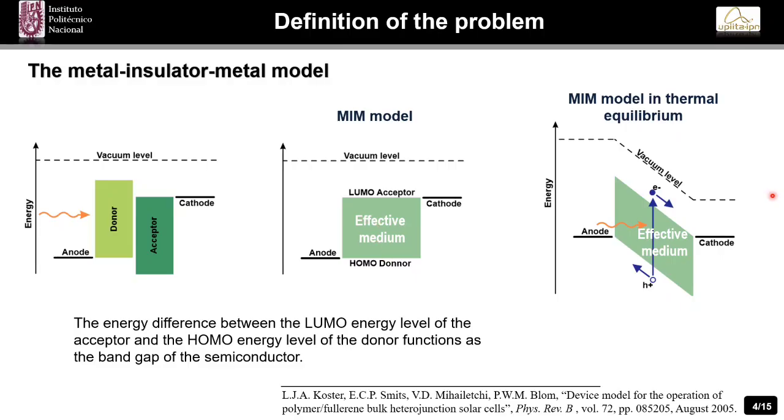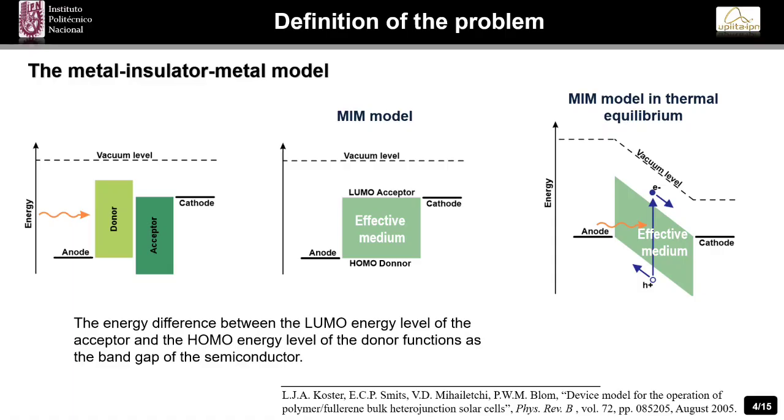When this model is used, a thermal equilibrium energy band diagram like this is obtained. As we can see, an electric field that separates the exciton is generated throughout the active layer. This simple model has been very useful to understand many aspects of organic solar cells.